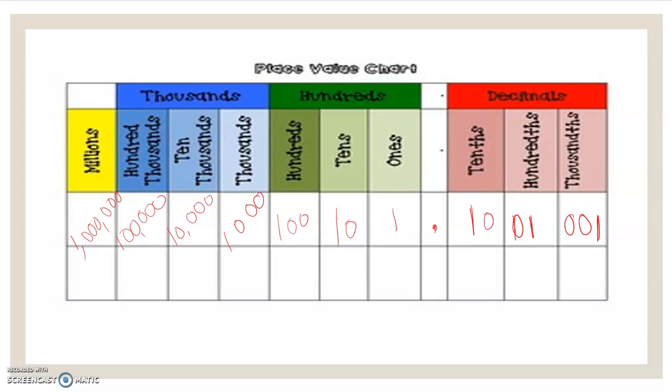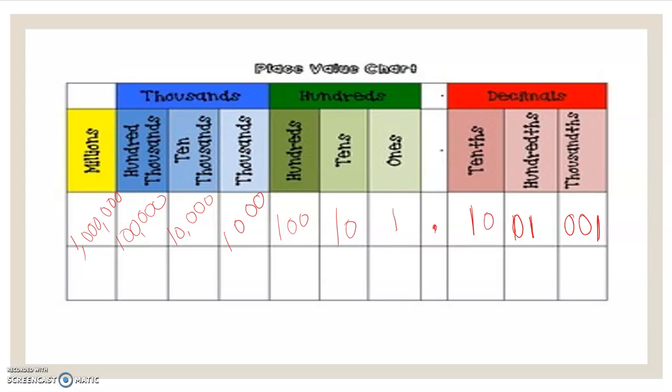As I was writing these numbers, you may have noticed that our numbers were increasing by zeros. Well, when going to the left of the place value chart, all we are doing is multiplying the position we are currently in by 10. And if we are going to the right of the place value chart, we are multiplying the position we are in by 1/10, or 0.1.